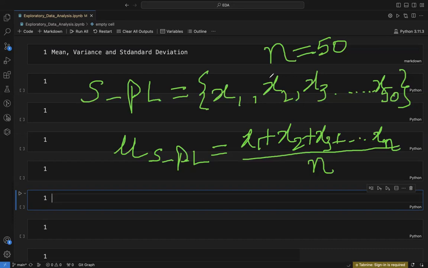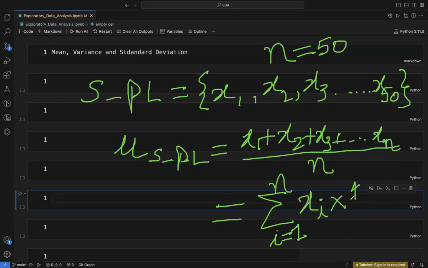Because you have 50 observations here, that's why I have divided it by n, where n is equal to 50. More mathematically or more concisely, you can write this mean as the summation from i equal to 1 till n of xi into 1 by n.